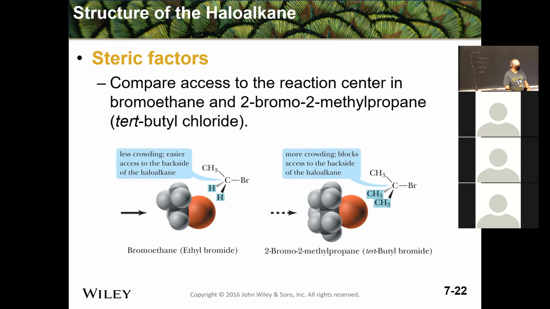What we can see here, especially from the space-filling model, is that for bromoethane, the backside of the carbon is less crowded than for 2-bromo-2-methylpropane. In fact, for the one on the right, the backside of the carbon is too crowded for the nucleophile to attack. But it can easily attack the backside of bromoethane.